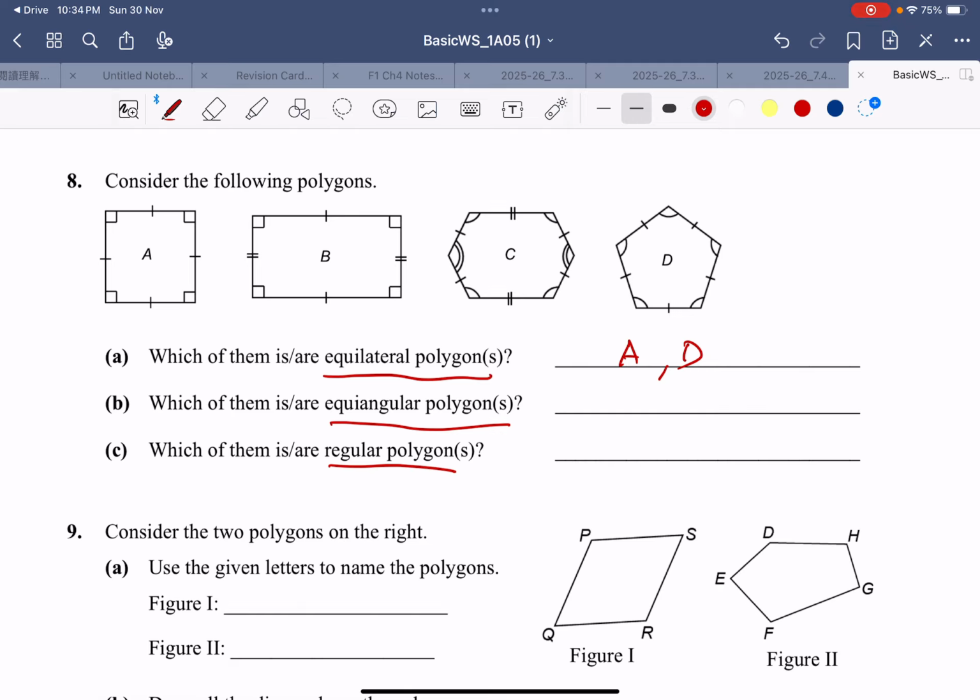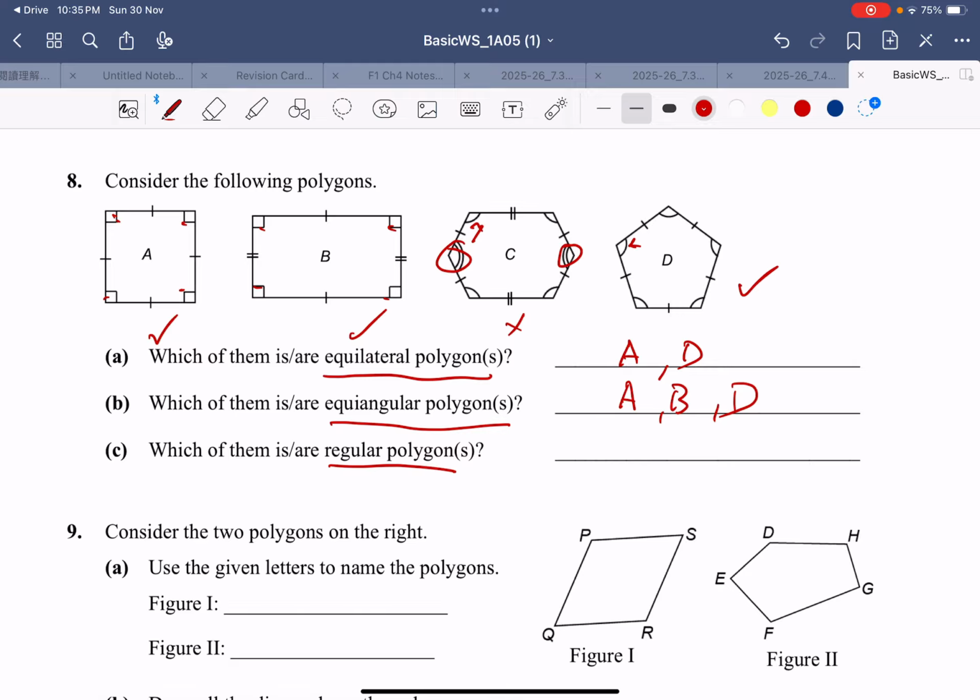For equiangular, all angles are equal. These angles are equal. Angles are equal. Not all angles are equal because we have these two angles not equal to the other angles here. And all angles equal here. Okay, A, B, D.